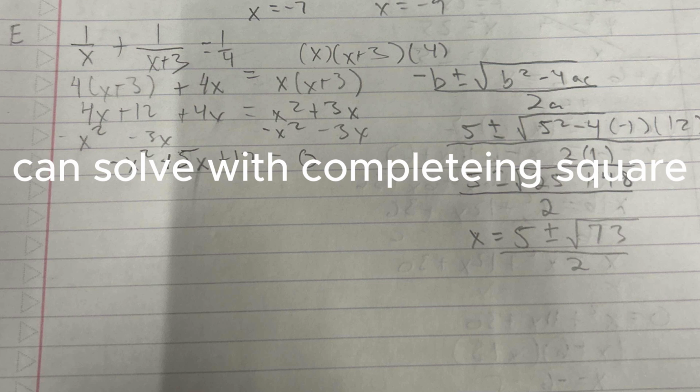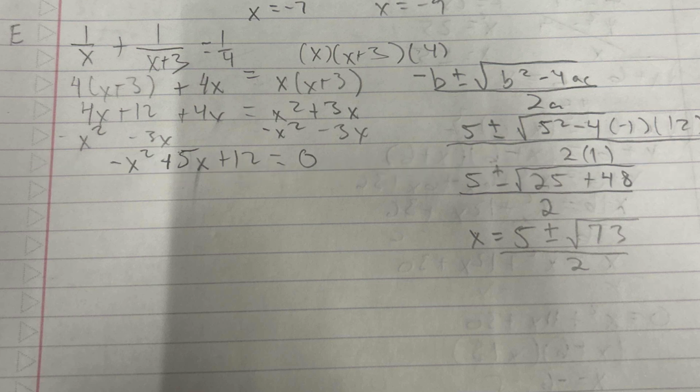It's going to be 5 plus minus the square root of 5 squared minus 4 times (negative 1) times (12). Your a is going to be imaginary 1 because there's nothing in front of that x squared. Then b is going to be 5, and 12 is going to be your c. You plug those numbers in.